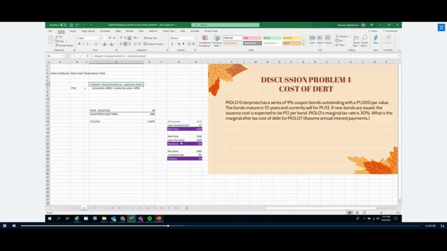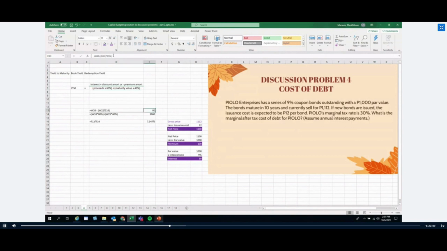Kasi class, itong premium and discount na to, this will impact the total interest expense that we record in our books. So if it's a premium, it should be deducted from the interest. Of course, if it's a discount, the amortization should be added. And then, your denominator is proceeds multiplied by 60% plus maturity value multiplied by 40%.